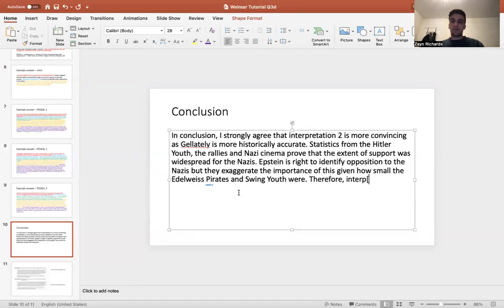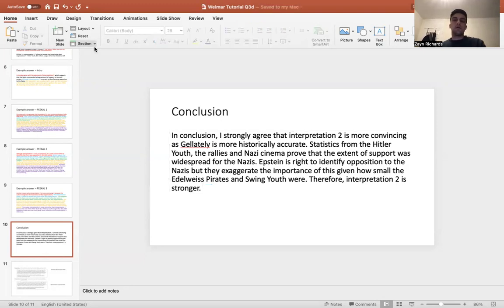Therefore, interpretation 2 is stronger. So that's basically, you just restate, you consider both interpretations.